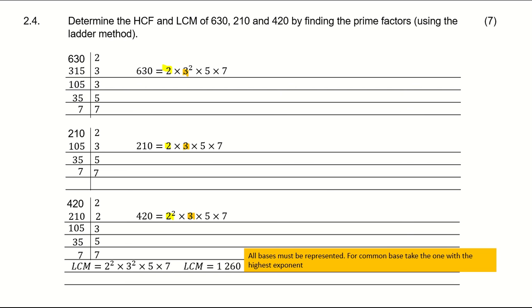Same with 5, same with 7. So our HCF will be 2 times 3 times 5 times 7, which is 210.